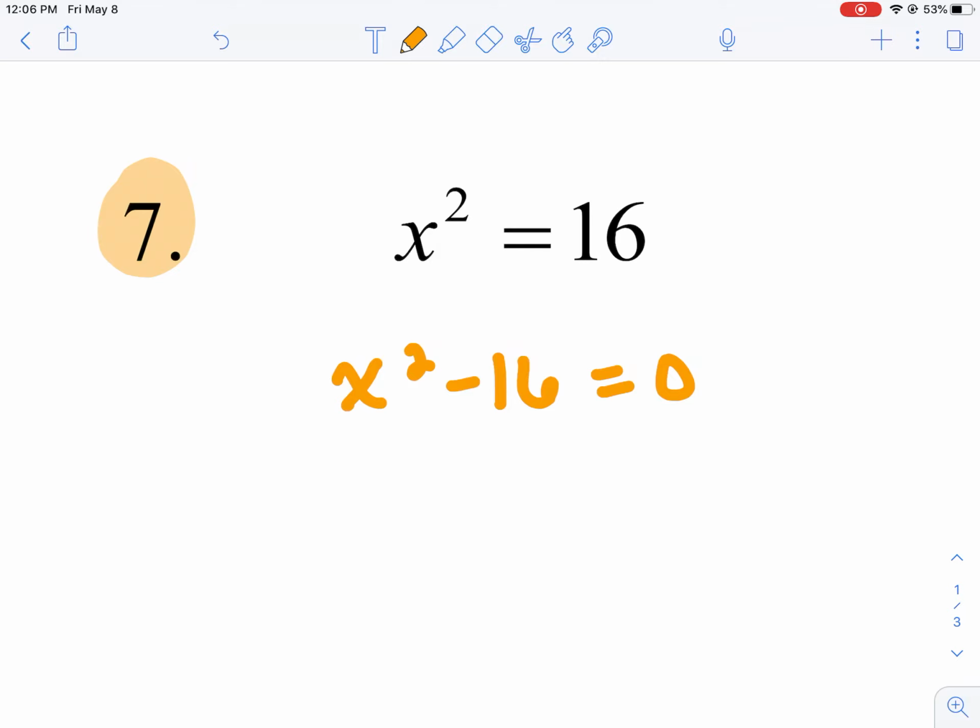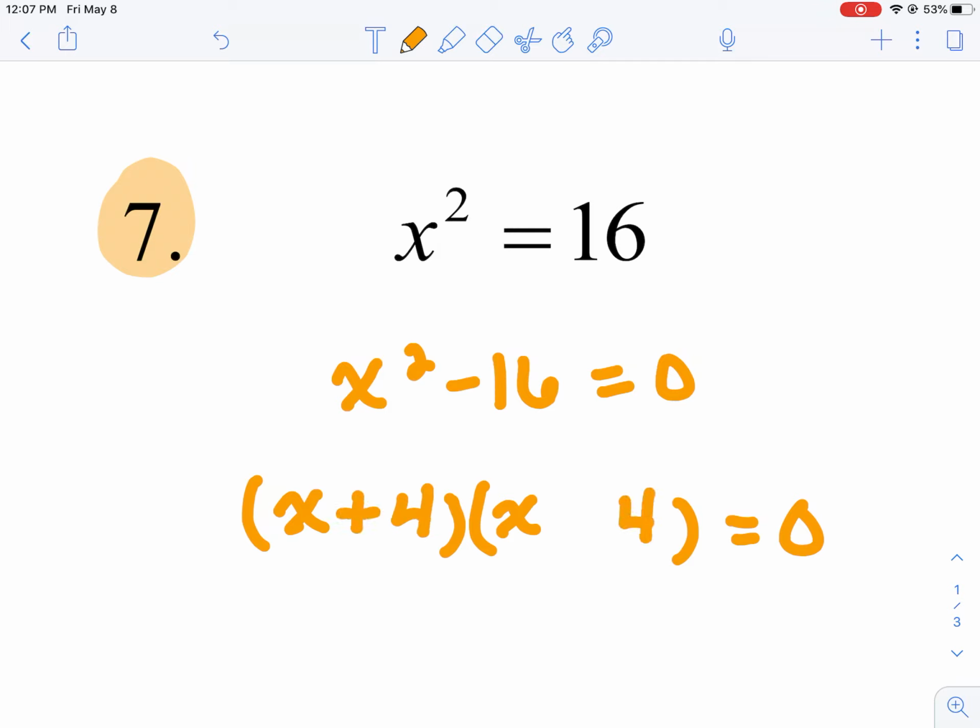And you should have recognized that this is difference of two perfect squares. And so we take the square root of x squared, which is x. That goes in the first spots. And the square root of 16 is 4. And that goes in the second spots. And 1 is a plus and 1 is a minus. And then we set these equal to 0 and solve.